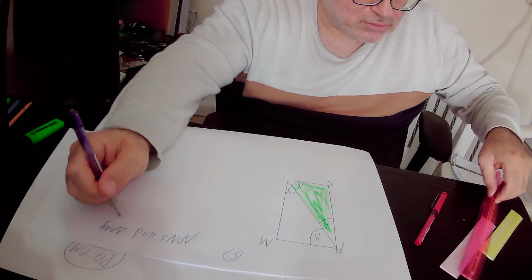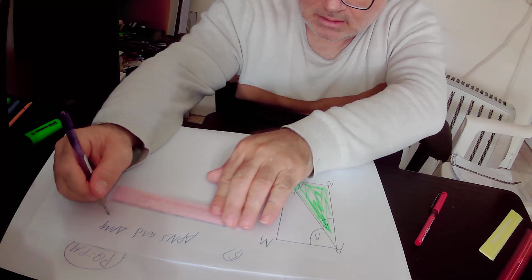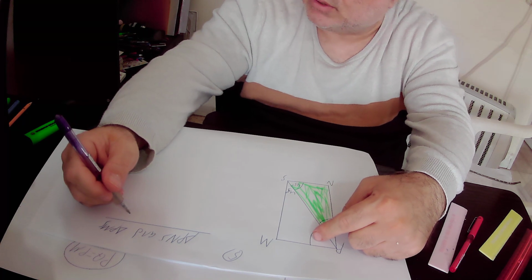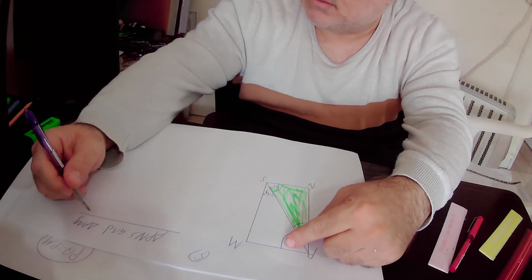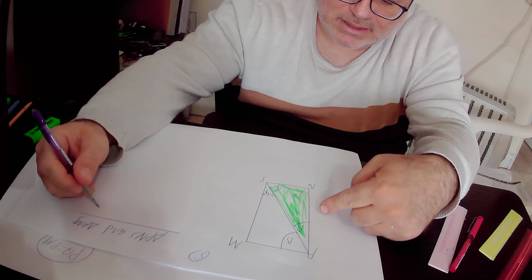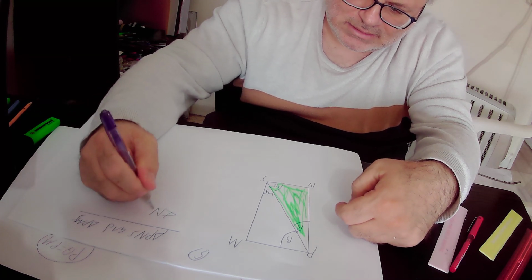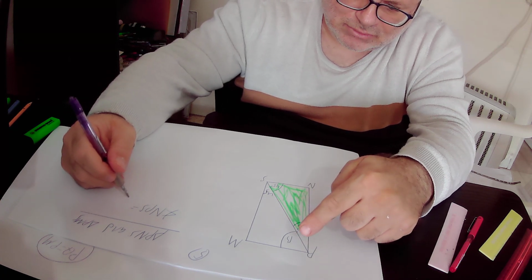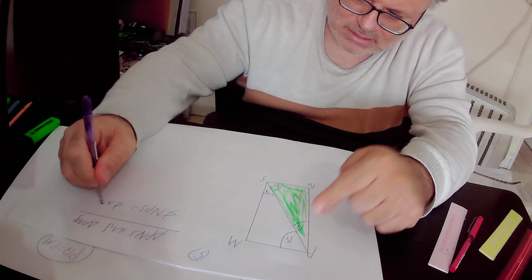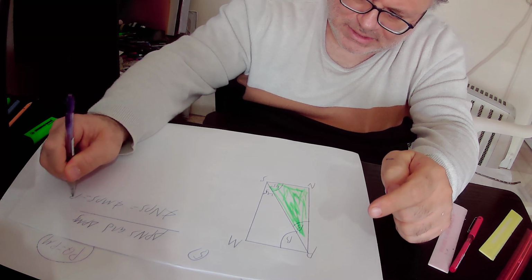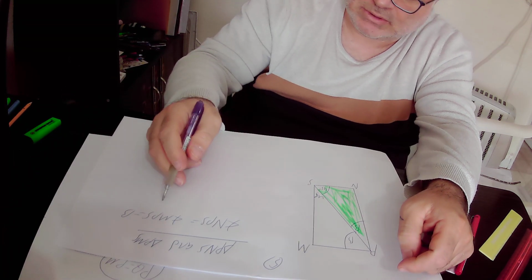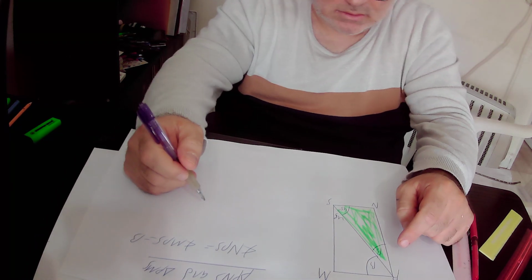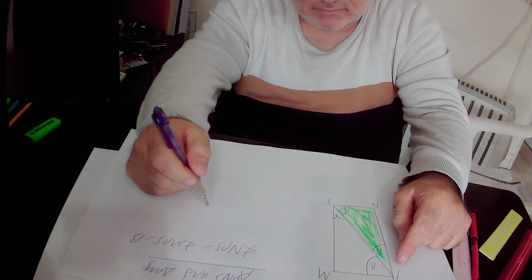So why are they congruent to each other? First of all, we know that those two angles are equal to each other. They are both equal to beta, so angle NPS on the green triangle is equal to angle MPS on the white triangle, and both angles are equal to beta. And we also have the common side.